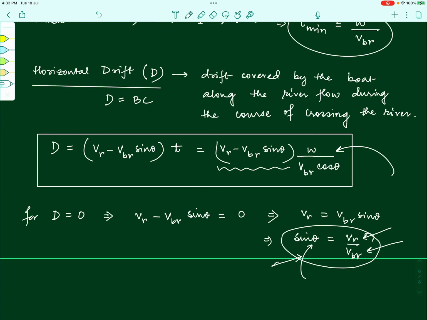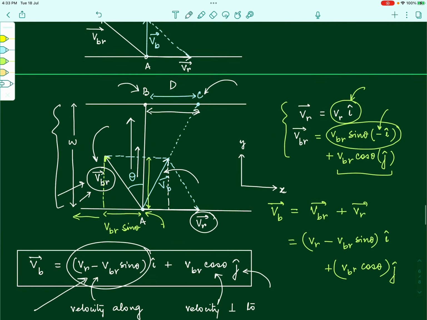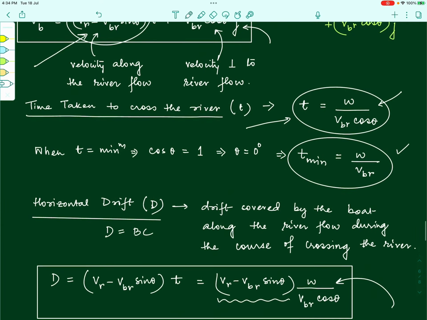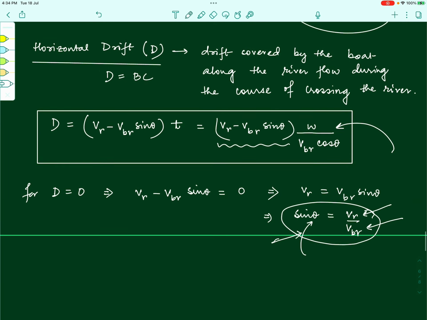And if that is the case, then the boat will exactly move along the direction AB and will not have any horizontal drift. We have already drawn the figure for that. This is the angle theta chosen here, such that sine theta is VR by VBR, and then the boat exactly moves along the direction AB and reaches the point B without any horizontal drift. So this is one special case in horizontal drift.